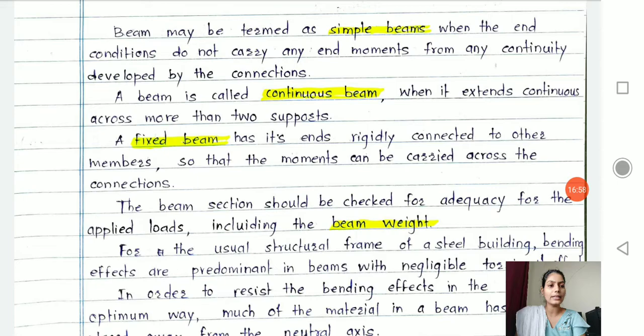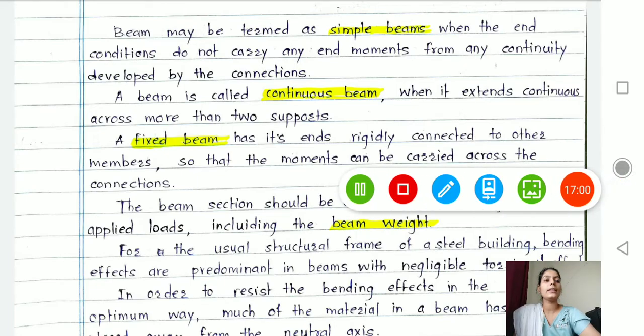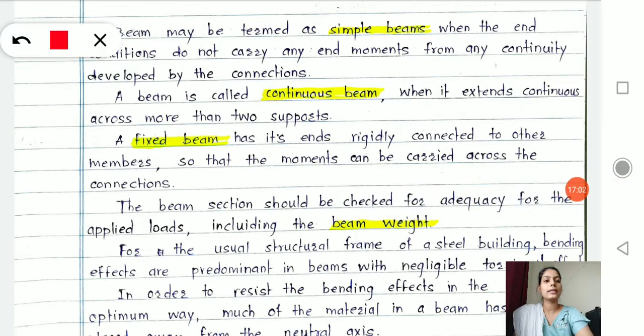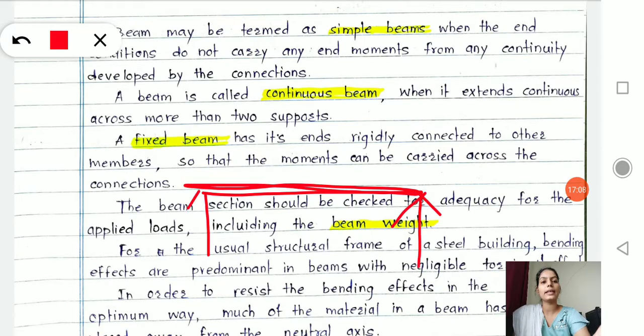Now what is an end condition? Let's suppose this is the beam and it is simply supported at the ends. Then, due to this end condition, the beam is classified as a simple beam.